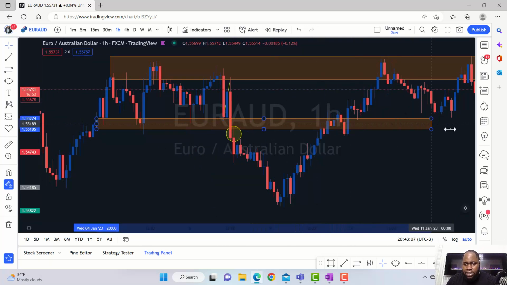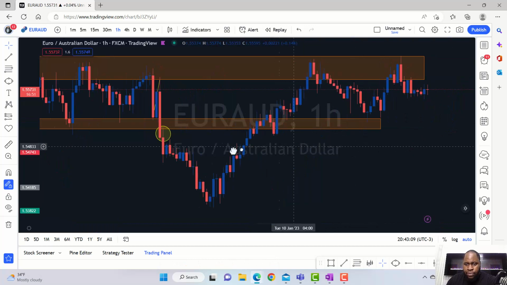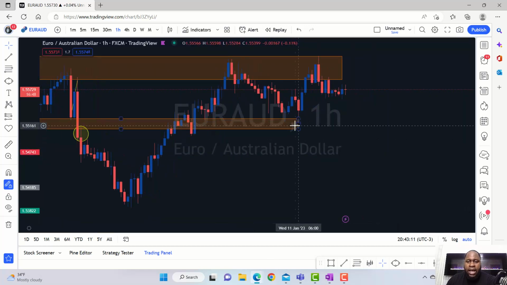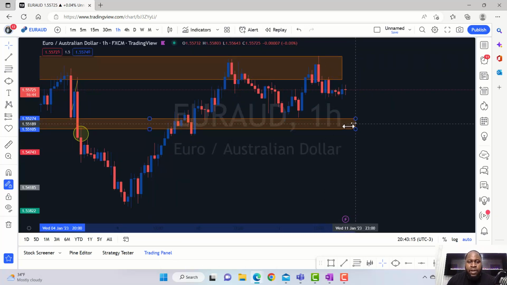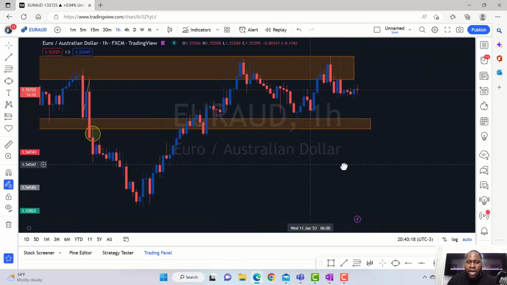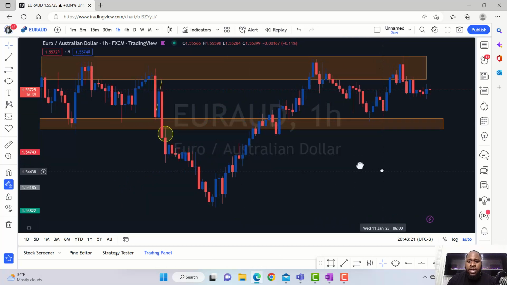Let's extend it all the way across. And take a look at how this area stayed solid, even when it was broken through multiple times, but it came to serve as another area of support, resistance, etc.